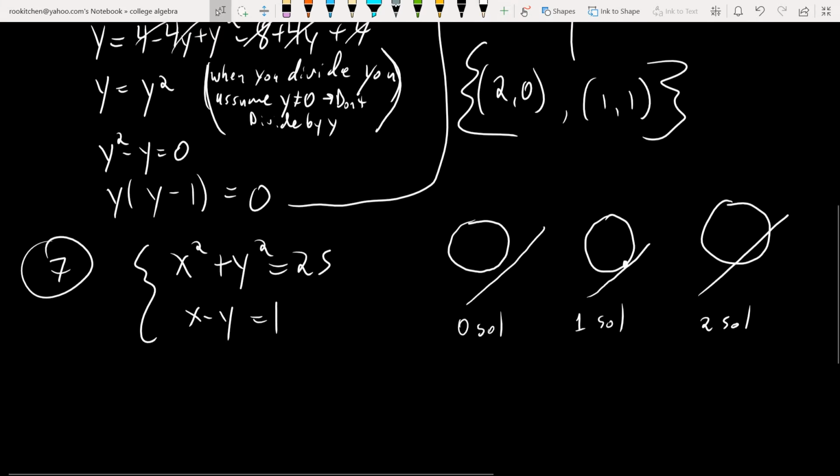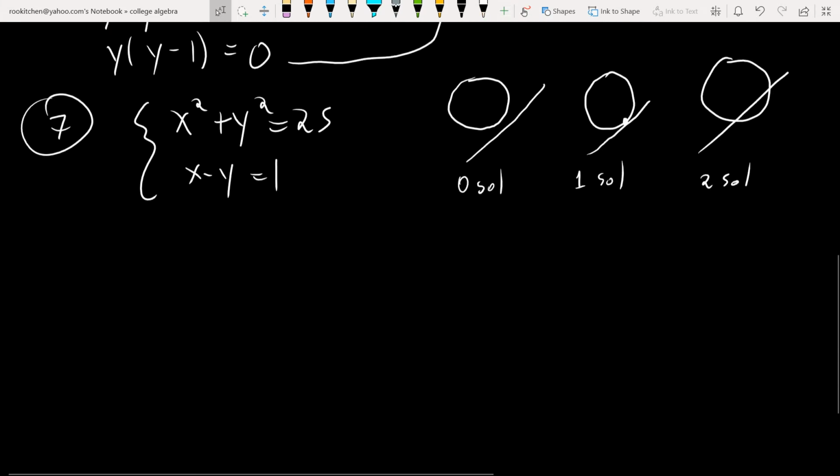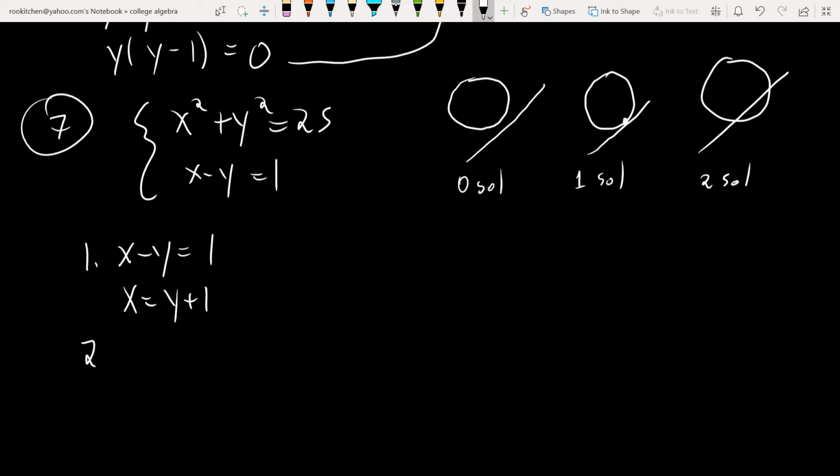At least right here, the geometry is elementary enough that we can have a little bit of confidence that our solution is correct. If we get 3 solutions, we know we screwed it up. So again, I'm going to solve the second equation for one of the variables. I'll solve it for x. Substitute that into the other equation.